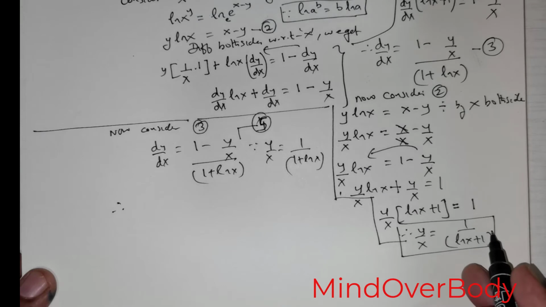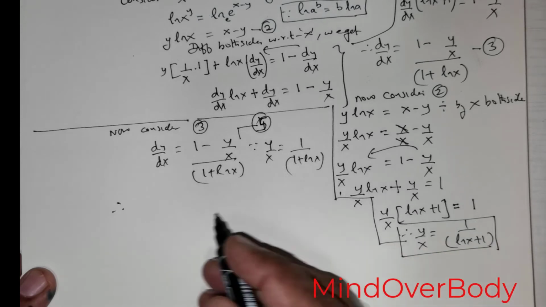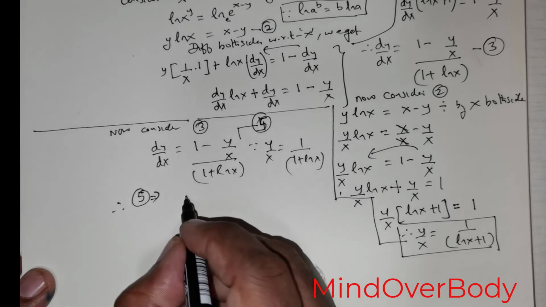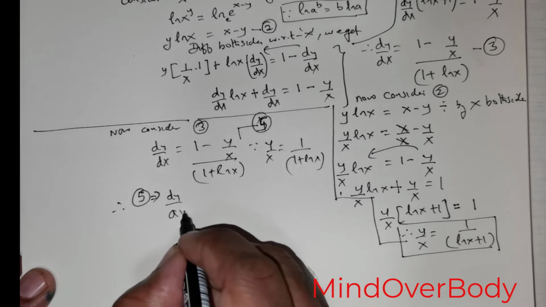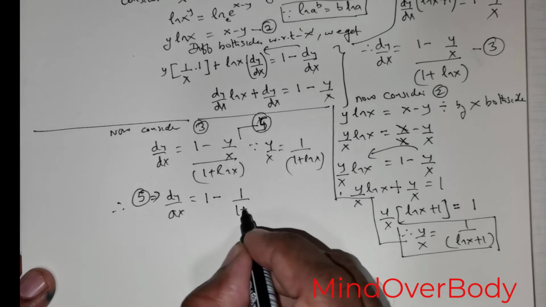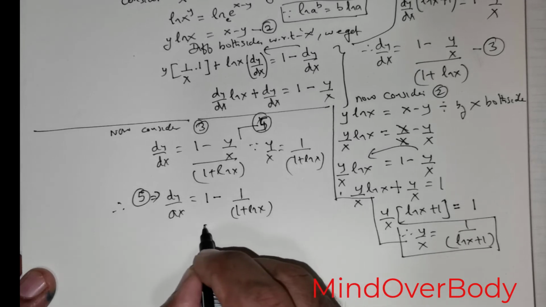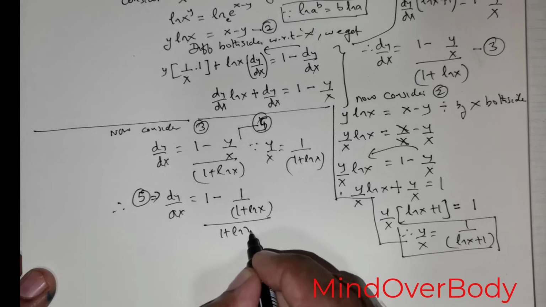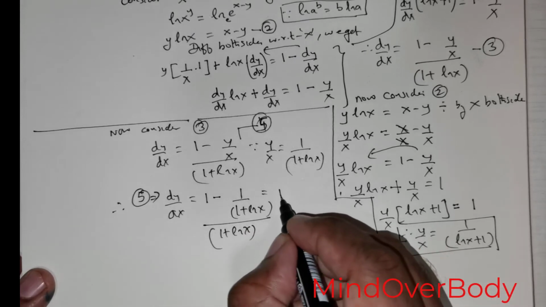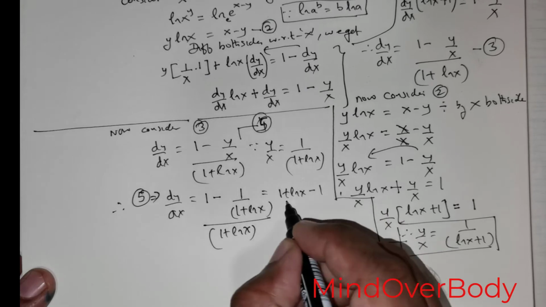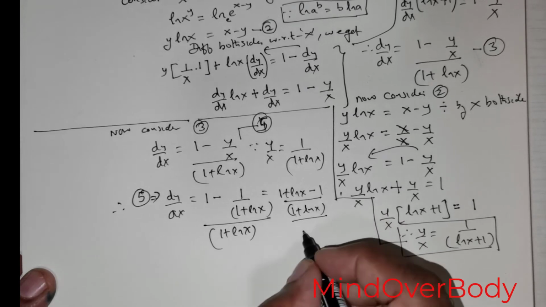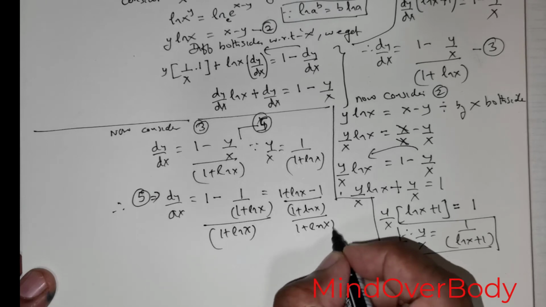I can retain or represent this by 4, but it doesn't matter. So therefore 5 can be rewritten as dy over dx is equal to 1 minus 1 over 1 plus ln x, divided by 1 plus ln x. If I take the LCM, this gives me 1 plus ln x minus 1, divided by 1 plus ln x, divided by 1 plus ln x.